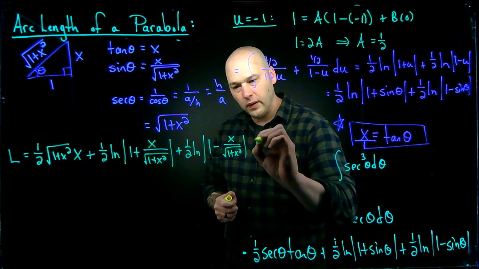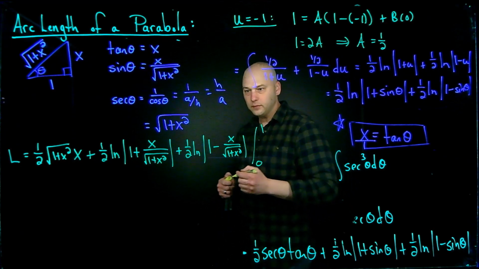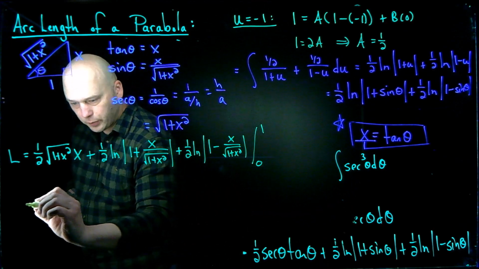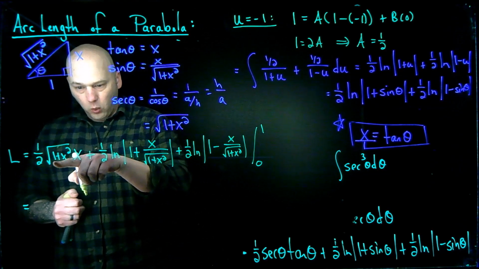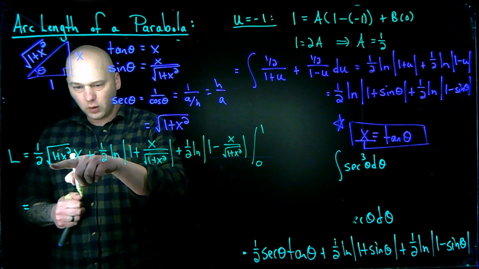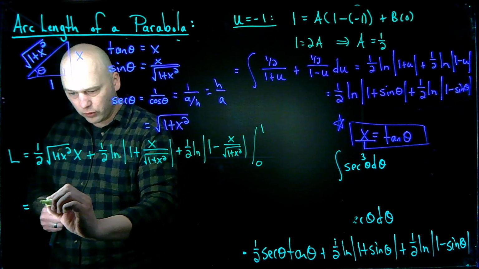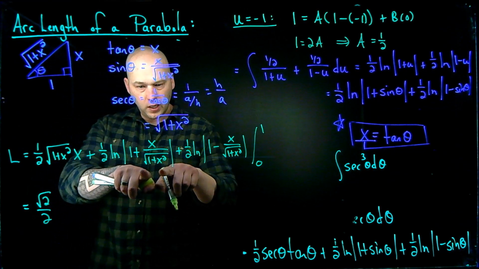And we evaluate from 0 to 1. All right, let's plug 1 in. If I plug 1 in, 1 plus x squared would be 2, so I'd have root 2 over 2, and this is 1, so that's root 2 over 2. Plug 1 in here.